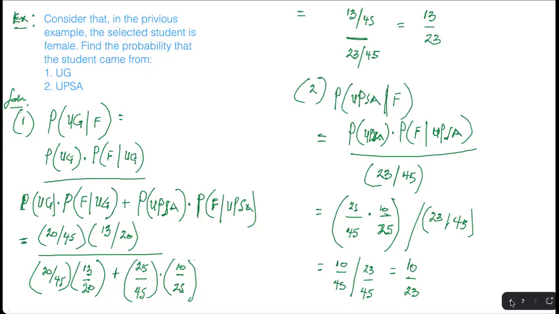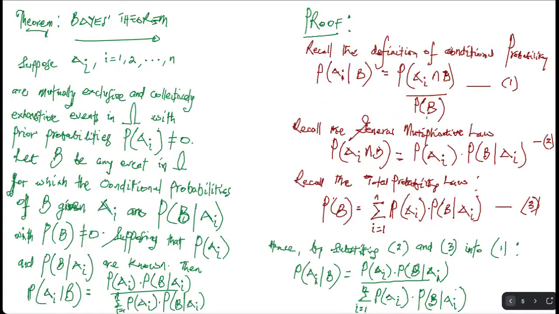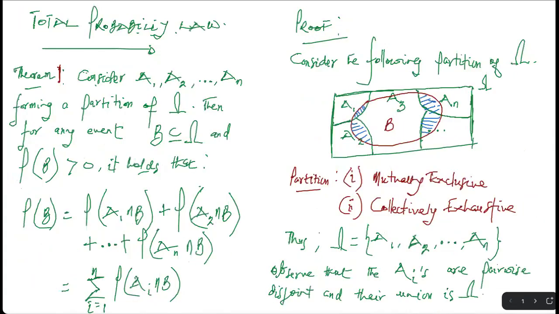Good. So let's just quickly recap everything that's been discussed today. Still on important theorems and laws of probability, the core of today's conversation has been the total probability law and then the Bayes theorem. We began by looking at a precursor theorem to help us understand mutual exclusivity and collective exhaustivity.